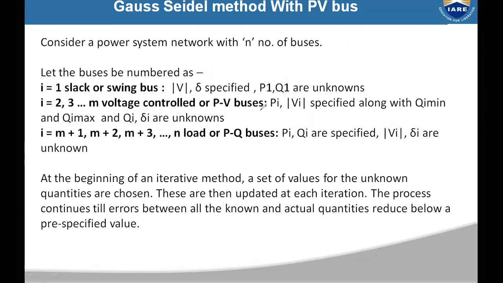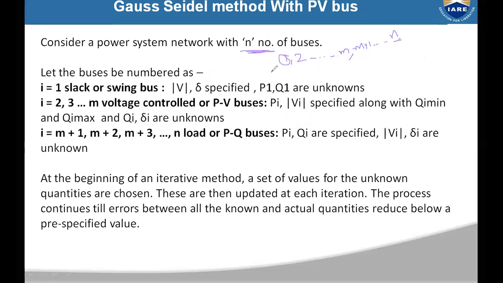Here we are considering an n bus system: 1, 2, and so on, in the middle you have up to m, then from m plus 1 and so on to n. So there are a total number of buses 1 to n here.